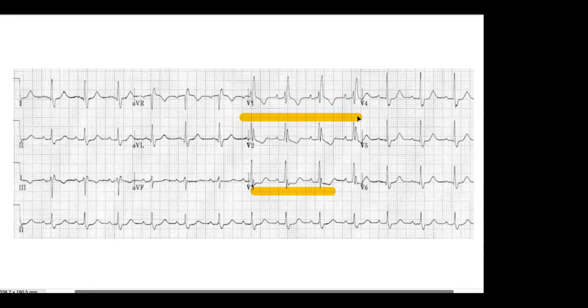Just try. In V1, I think it is prolonged. The QRS interval is prolonged compared to V5. To V5, yeah.